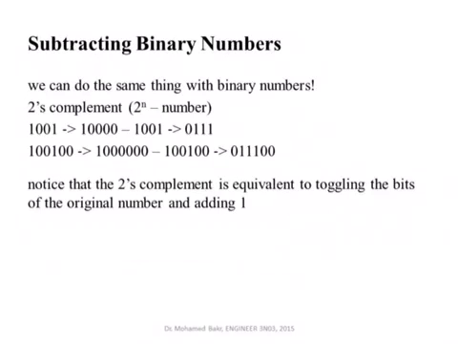Okay, so we have here this number which is 1001. It's simply equal to 9 decimal, and I would like to find its two's complement. So what you have to do, you have to create here this 1, 2, 3, 4. We have to create 2 to the power 4, and 2 to the power 4 is simply 1, 0, 0, 0, 0. This is 2 to the power 4, it's 16.